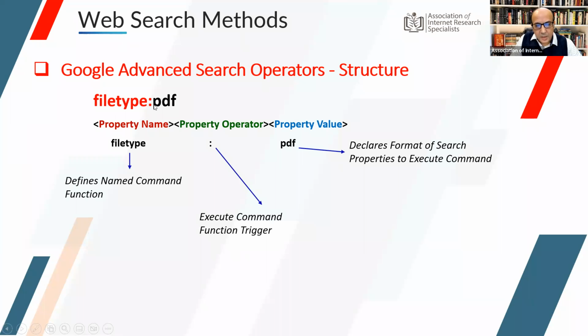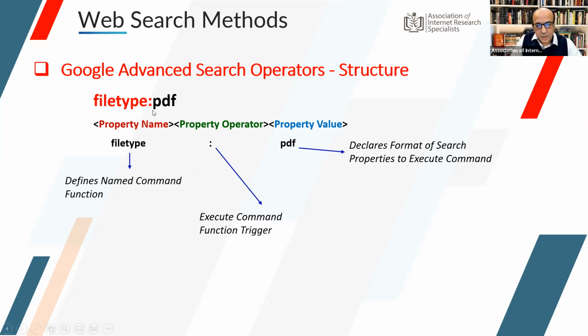What is declared after the colon sign is also very specific, like whether it has to be a word, or a text, or a domain name, or the file format. So it just depends. If you declare it incorrectly, or something wrong is placed after the colon sign, as in this case where we have used filetype and a colon, it is asking for the format of a document.